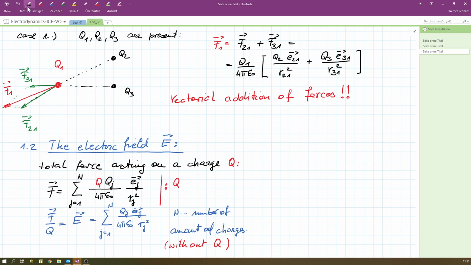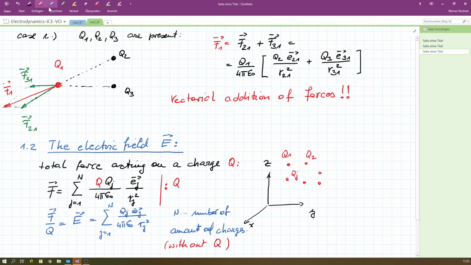So we can also sketch it in a coordinate system, maybe in such a way, x, y, z, and we have some amount of charges, q1, q2, 3, 4, 5, j. So q1, q2 up to qj or N, whatever.